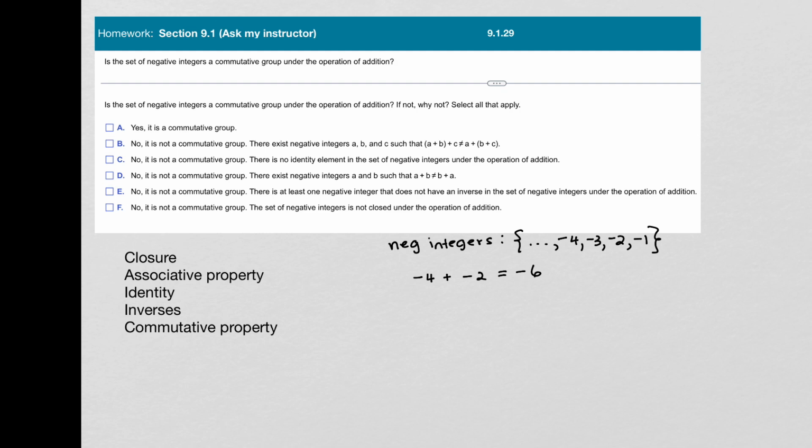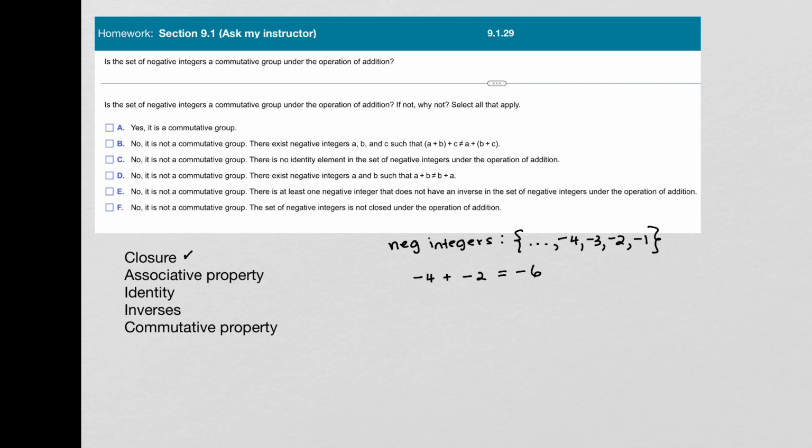But just the fact that it works for one pair of numbers doesn't mean that it would have to work for all of them. So we just have to think about what we know about the negative integers. Is there any special negative integer that might make this not work? But any two negative integers that I choose, when I add them together, I will definitely get a negative integer. So we have closure.